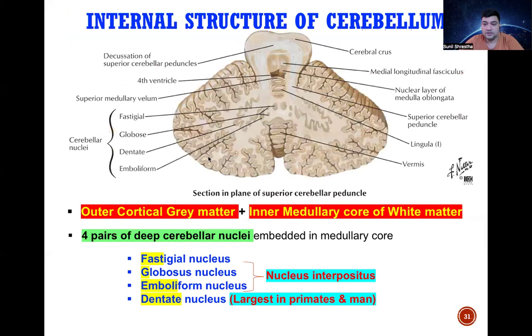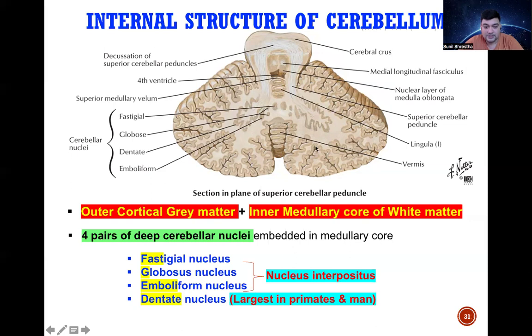Now, if you see the internal structure of the cerebellum, it is generally made up of inner white matter and outer gray matter. In the middle of the white matter, the inner medullary core, you can see the four nuclei present in the cerebellum.